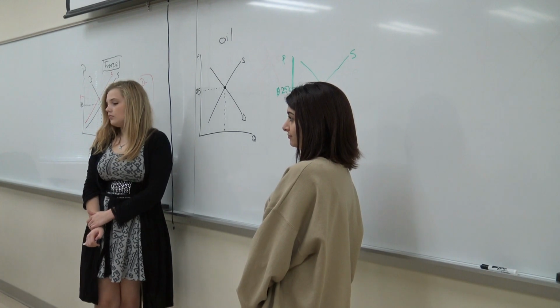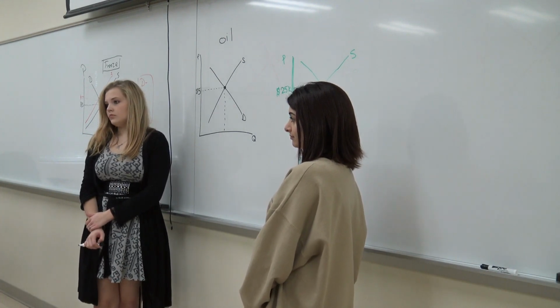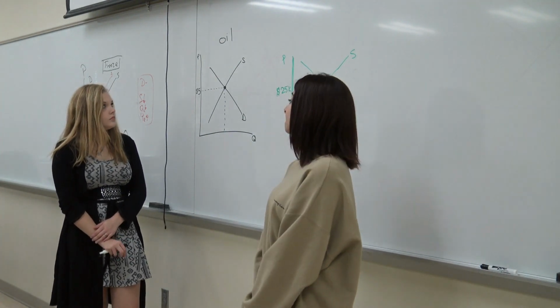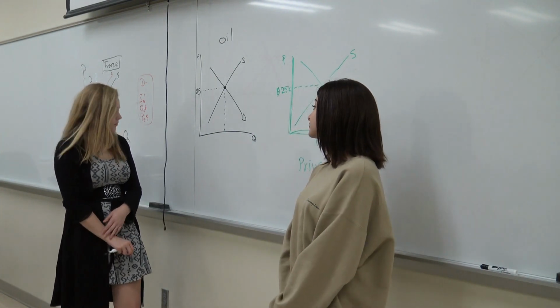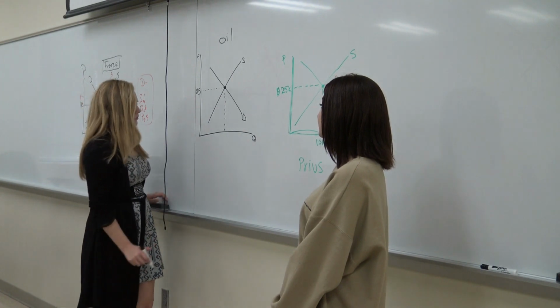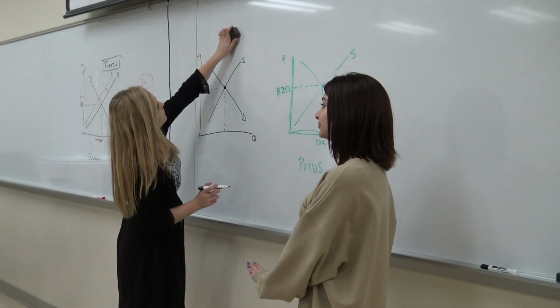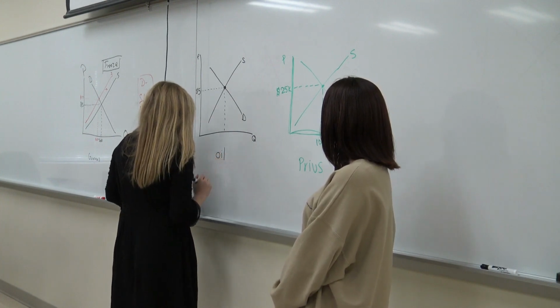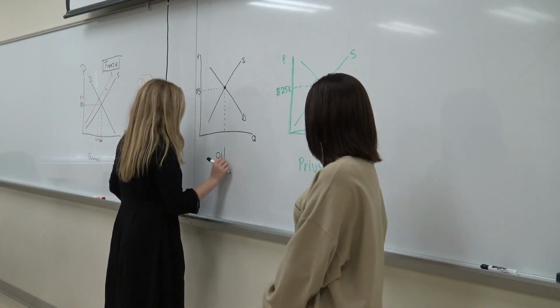Was it the price floor? It was not a floor, but a ceiling. Good. So the last time we saw a shortage, it was because the price ceiling was placed where in regards to equilibrium? Below the equilibrium. And when it was below the equilibrium, because price can't move up, it created a shortage.